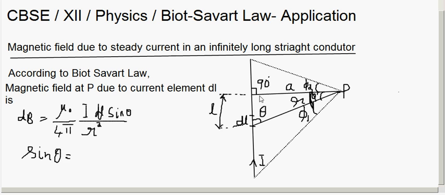So sin theta is the opposite side, that is a, divided by the hypotenuse, that is r. Sin theta is a by r, or in another way, a by r can also be written as equal to cos phi.